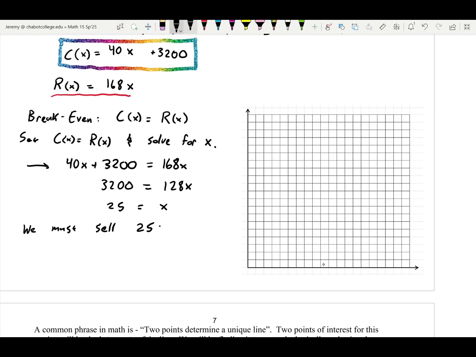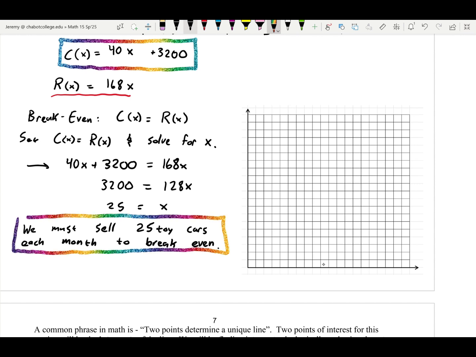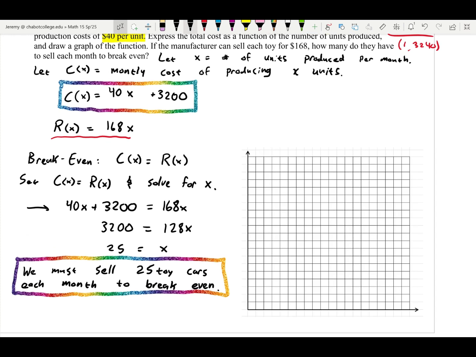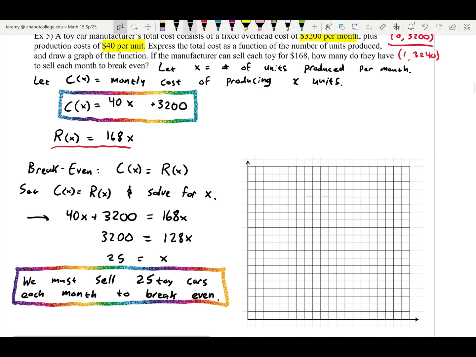Toy cars, each month to break even. Okay, really important to be able to articulate clearly in English what is going on, acknowledging all the units and giving a very clear answer to the question.